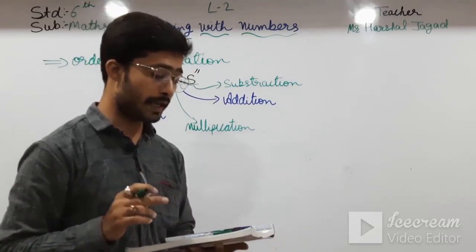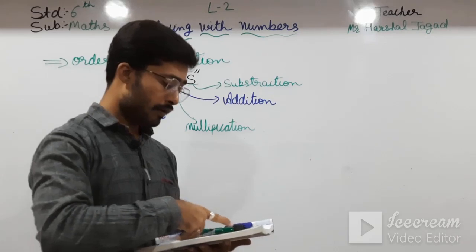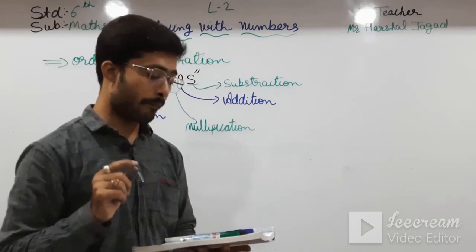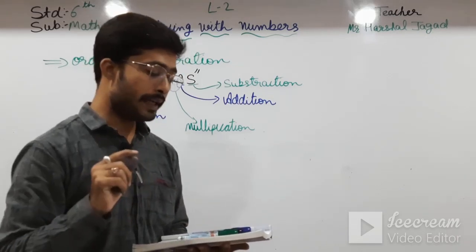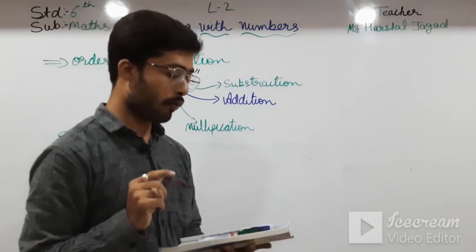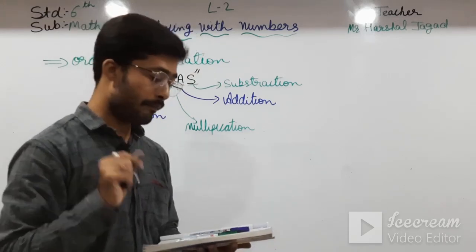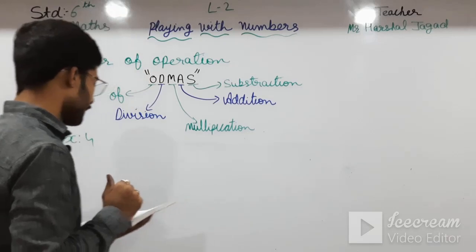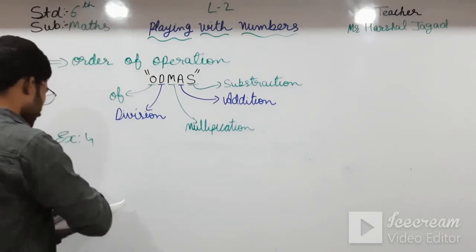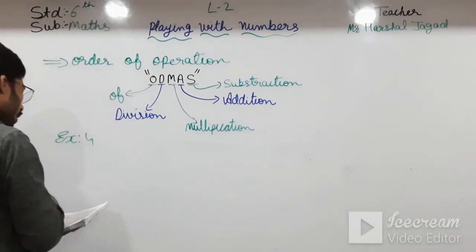See here, Rohan has bought a book for 55 rupees and a pen for 25. He gave 100 to the shopkeeper. What did he receive as balance? See here, first of all what we have to write, that is Rohan bought a book.